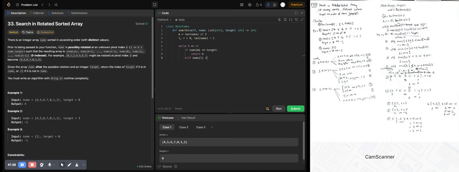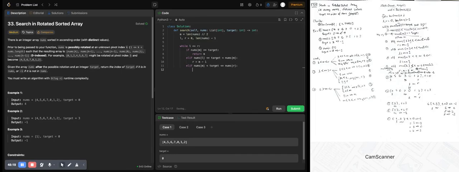And if nums of l is less than target, less than mid, in this case the right will move to mid minus 1. And if nums of mid is less than target, then less than or equal to nums of right.